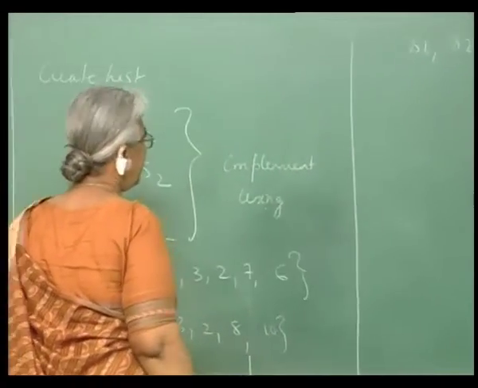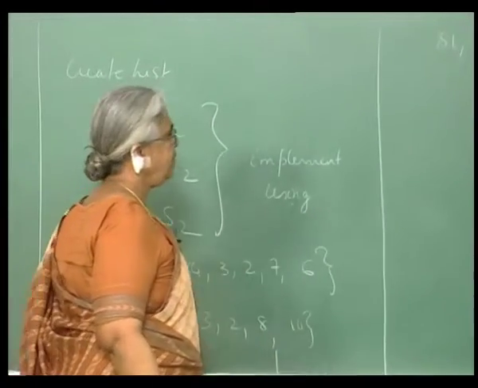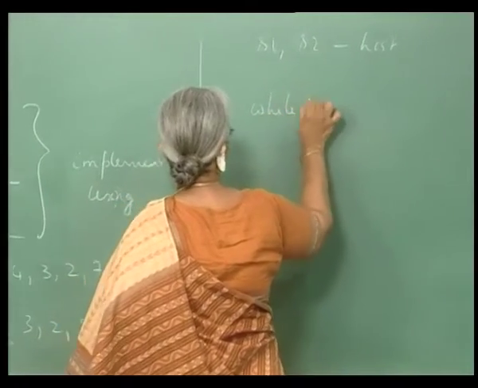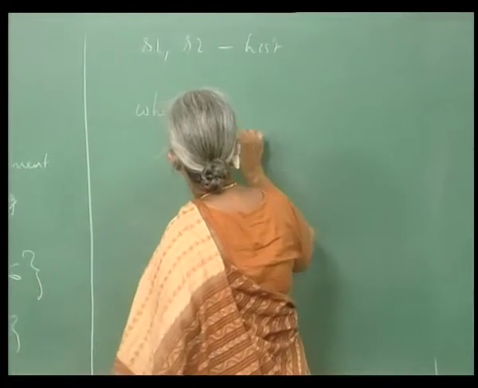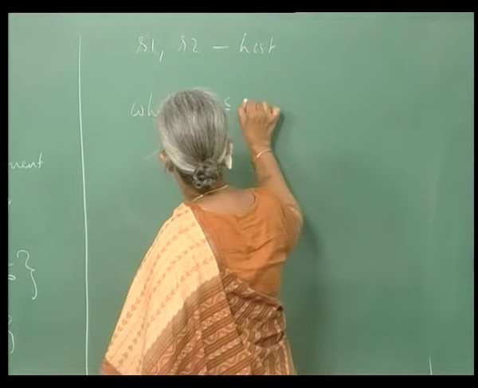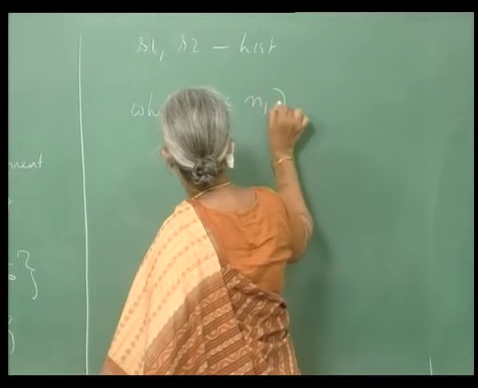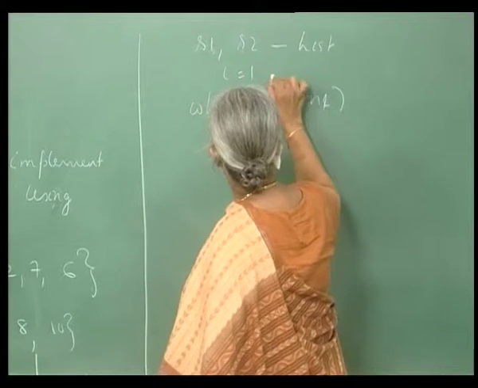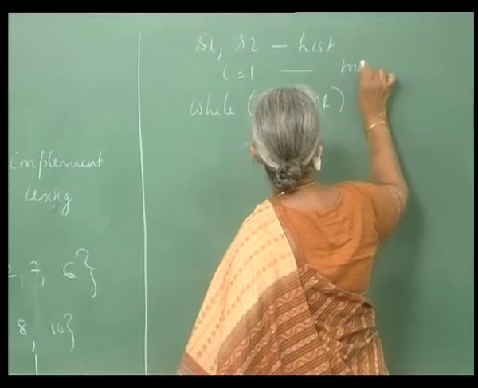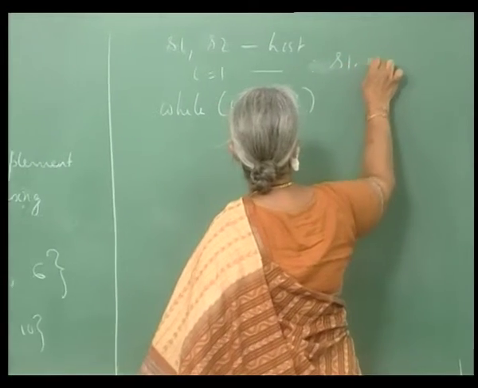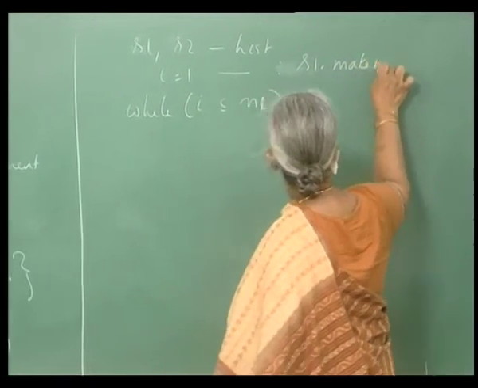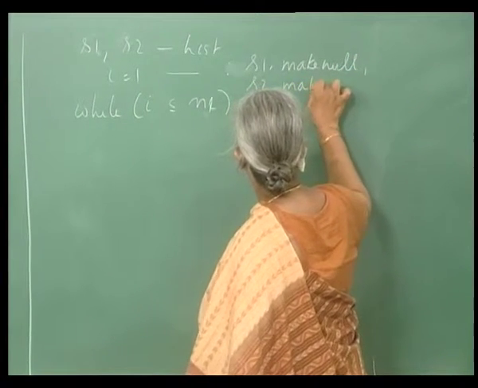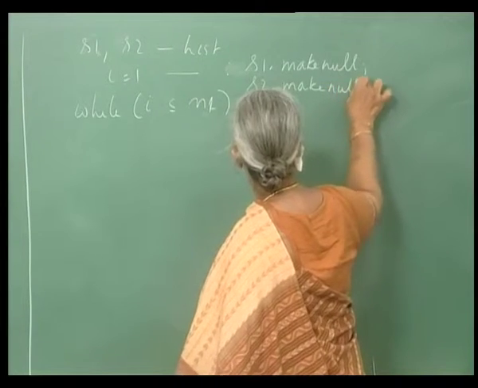Then I am reading this input from somewhere. I would first make an empty list. I would do S1 dot make null, and S2 dot make null, which will create 2 empty lists.